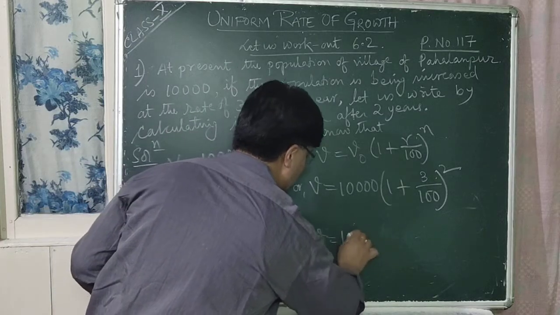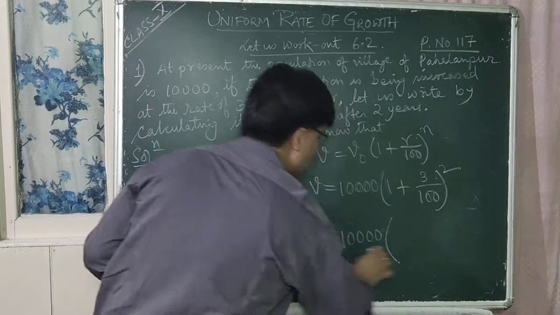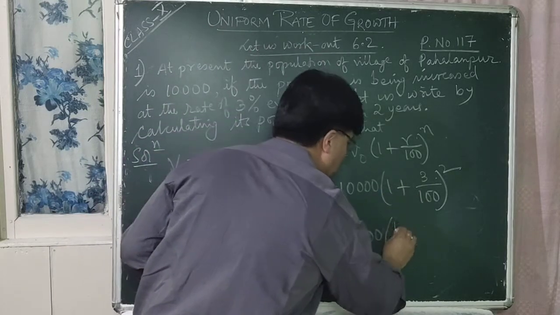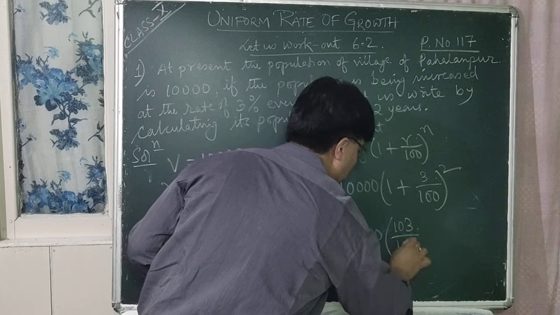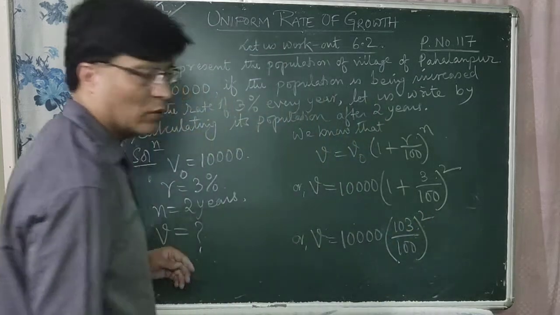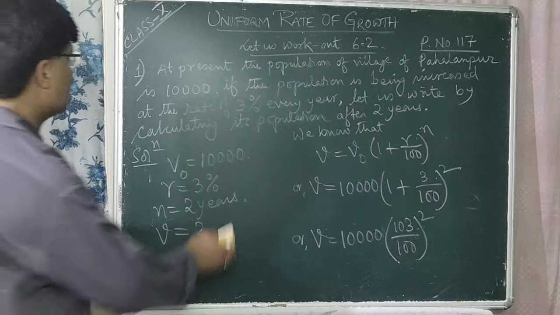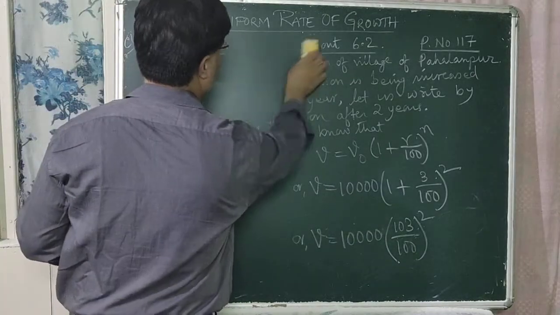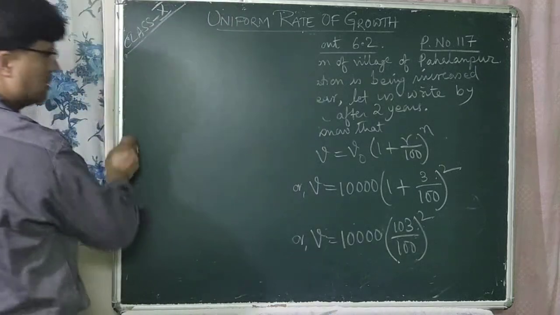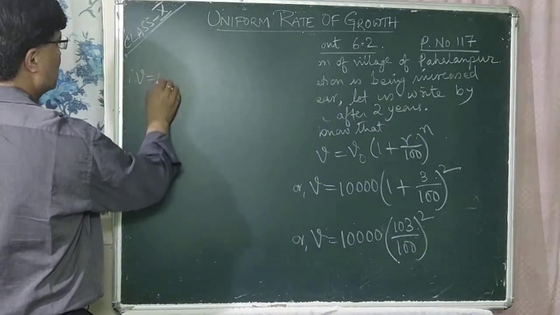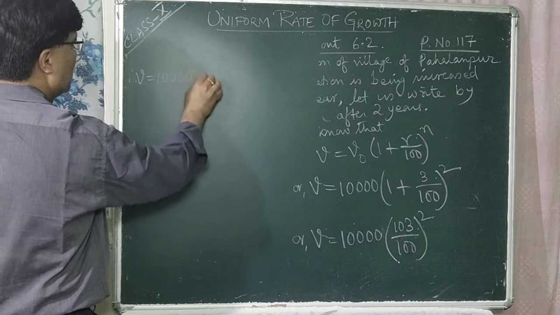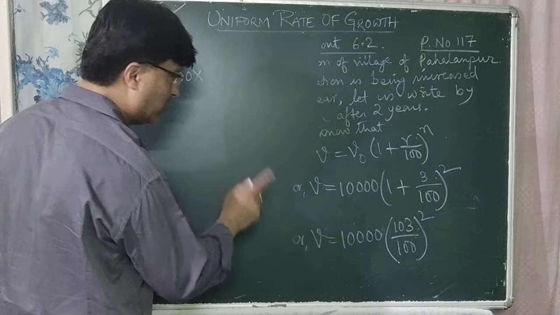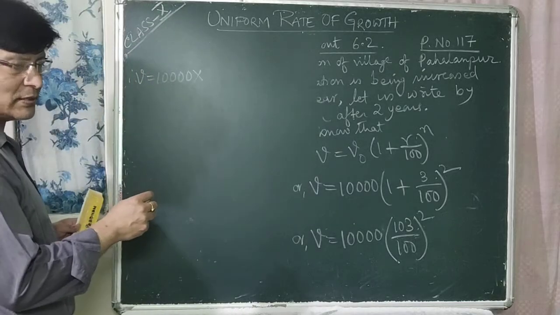So V is equal to 10,000 and within bracket, 100 ones are 100 plus 3 is 103 divided by 100. This is your whole square. Now let us simplify it. Therefore, V is equal to 10,000 into 103 by 100 whole square, which means 103 by 100 is multiplied twice, isn't it?